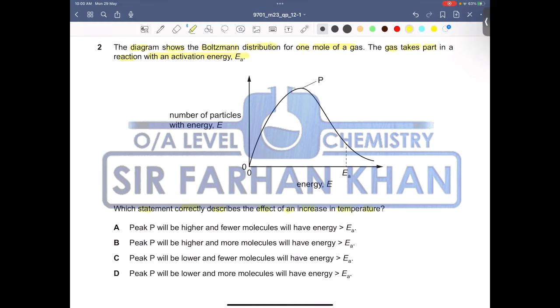You guys know that when temperature changes, it changes the shape of the graph. All right. So when you increase the temperature, obviously, the most probable energy peak should decrease and the curve maximum shifts to the right hand side. So we conclude that this curve needs to be like that.